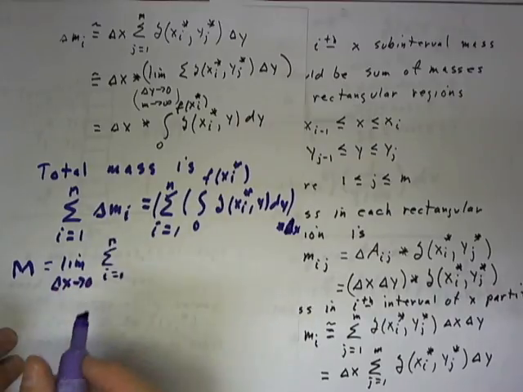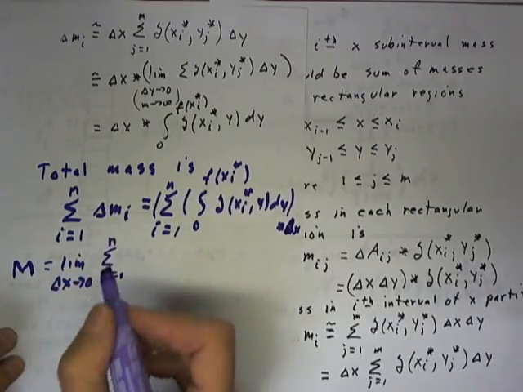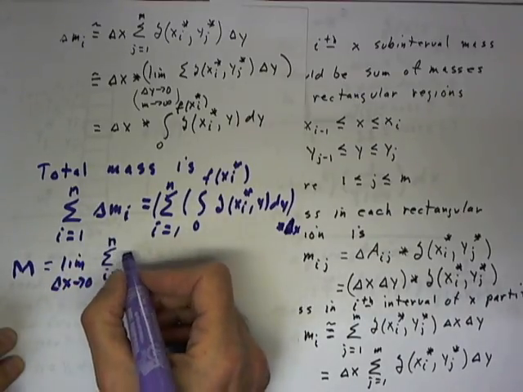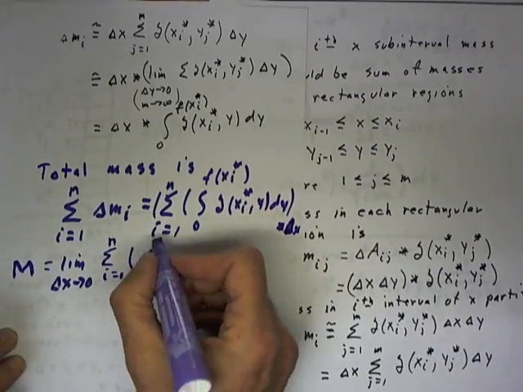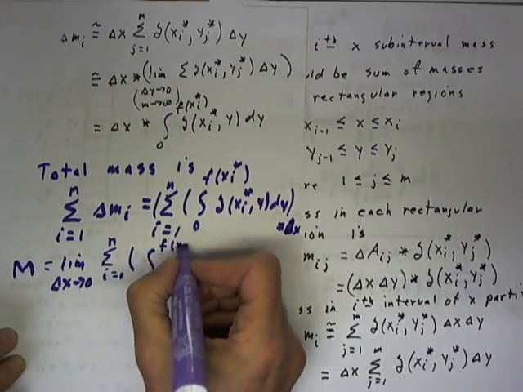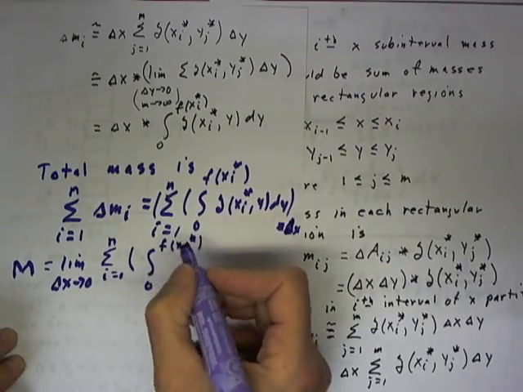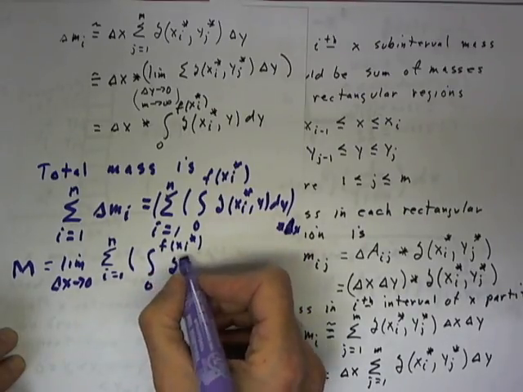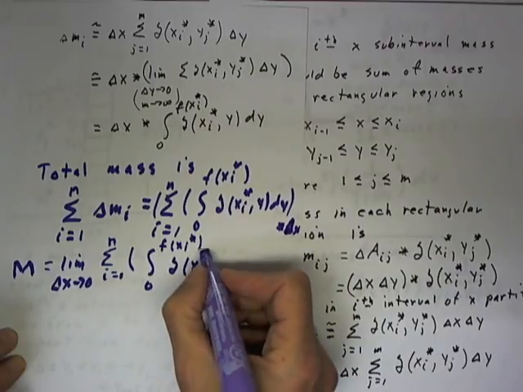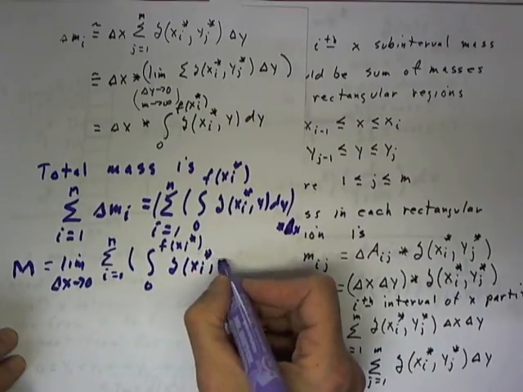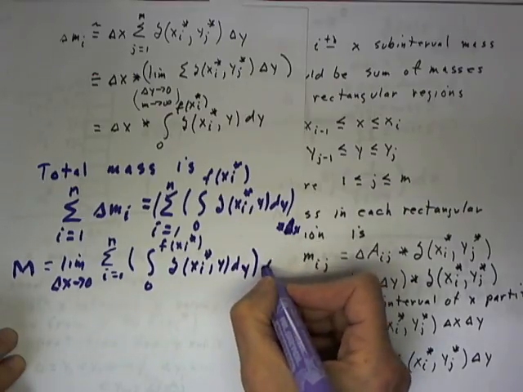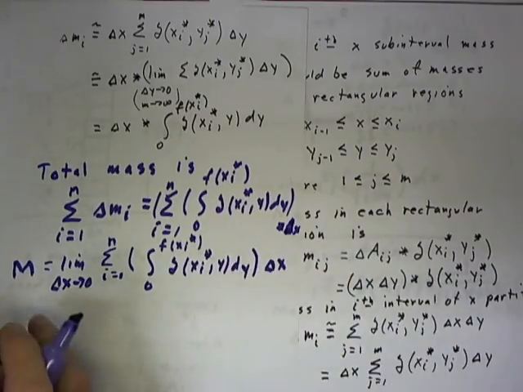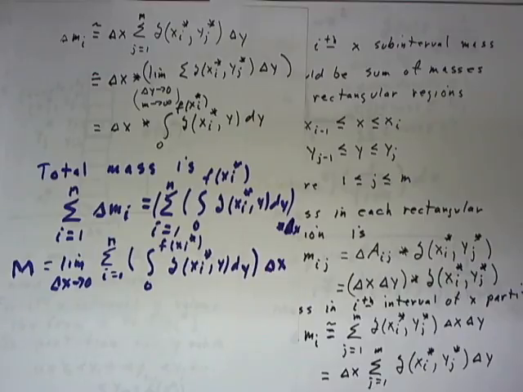So it's a limit as delta x goes to 0 of the sum from i equals 1 to n of the integral from 0 to f of xi star of the density at xi star, y dy, delta x.